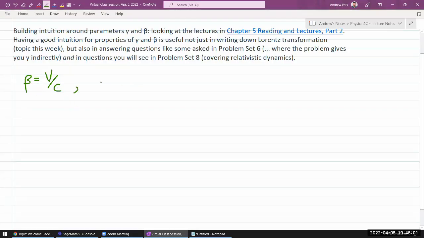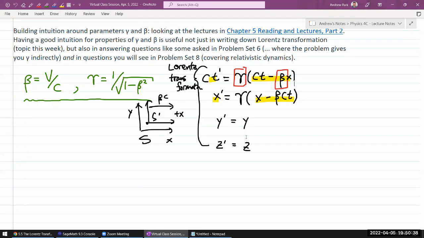And given this beta, you can write down the gamma factor, which is 1 over the square root of 1 minus beta squared. I just have this memorized. And the question says they are useful in writing down the Lorentz transformation. And they are. But what I want to show you is that it's not useful just for that.